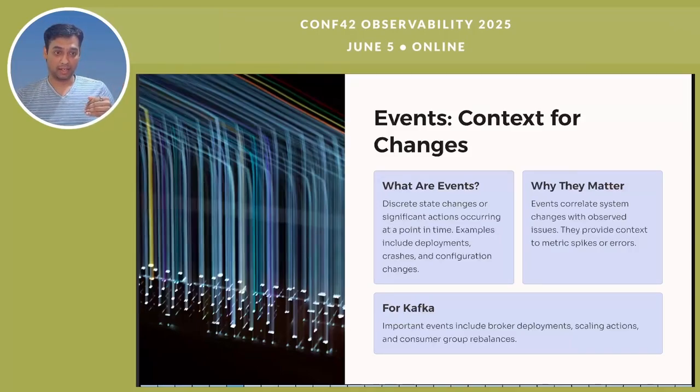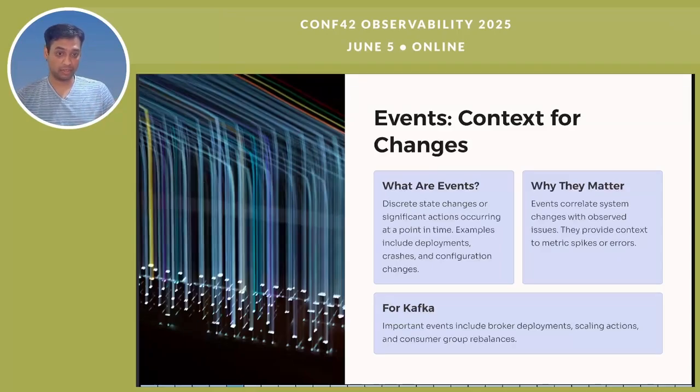And if you see metrics by themselves in that window, you'll probably not be able to understand why that's happening. Once you add an event to the mixture, you'll be able to see, oh, okay, the latency spiked because my cluster was rolling. I had a new pod restart and it took some time for it to promote itself to leader. Things happened internally and the latency kicked up a notch for a few milliseconds, right?